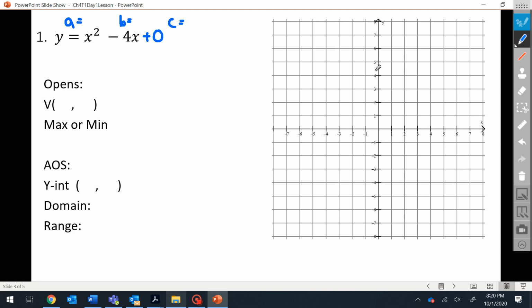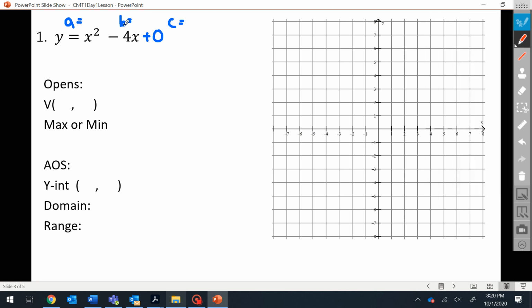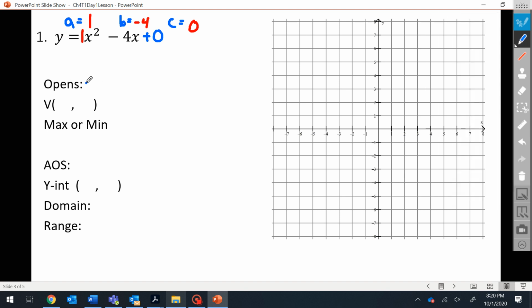Our a is the coefficient on the x squared term. There's nothing there, so that would be a 1. So a is 1. b is the coefficient on the x term, so that's negative 4, and c is the constant, which here is 0. Since our a value is positive, it's 1, this will open up. So it's going to look like a U.